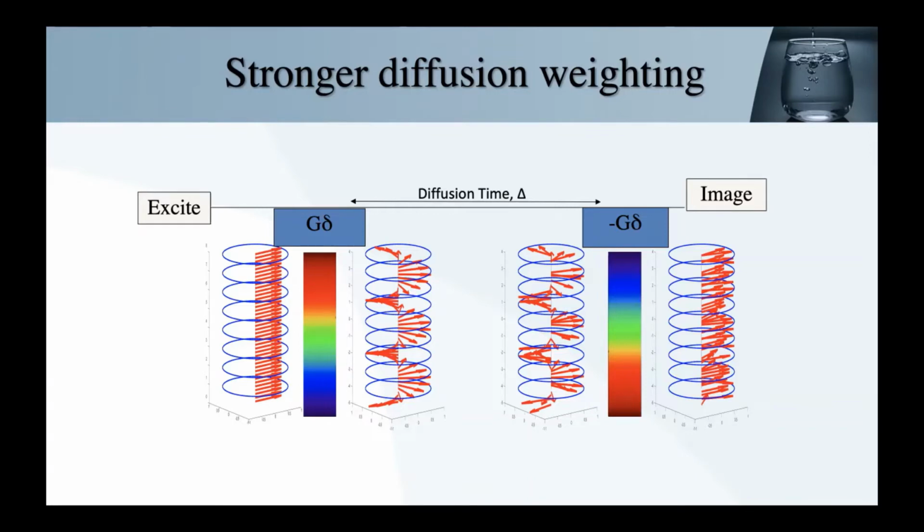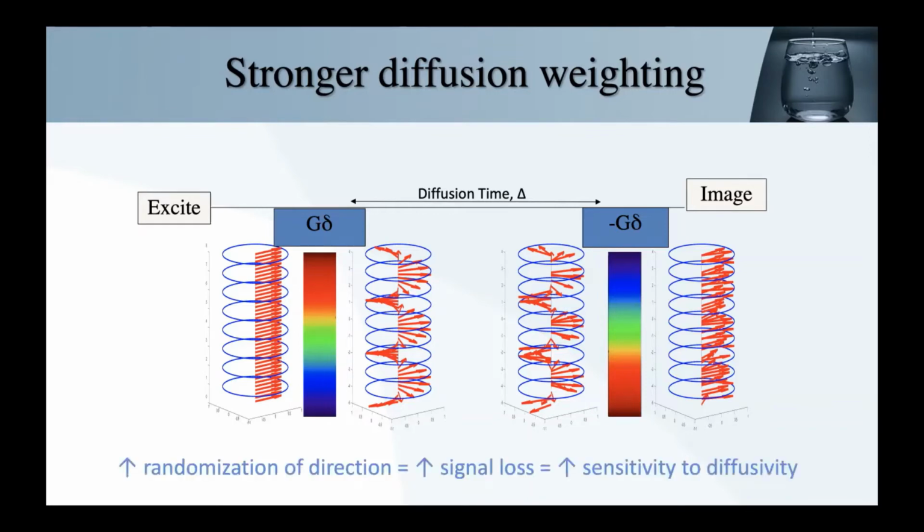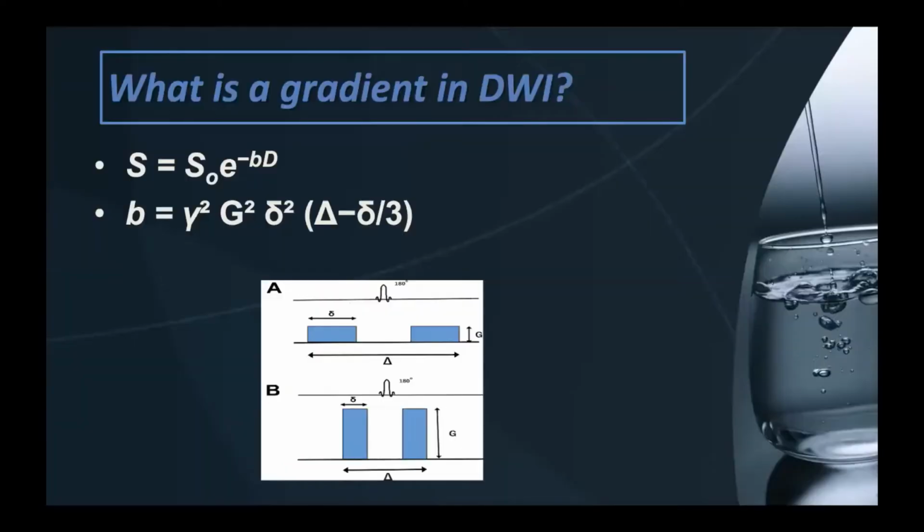In this case, we allow for a greater degree of randomization of direction, greater signal loss, and therefore a greater sensitivity to diffusivity. So if we use a gradient with more magnitude, we become more sensitive to diffusivity, and therefore can distinguish more easily between benign and malignant lesions.